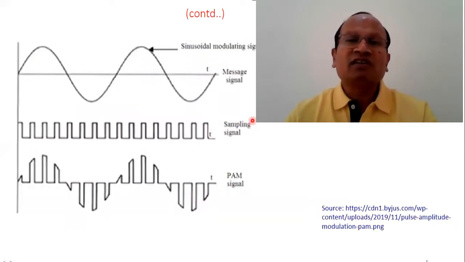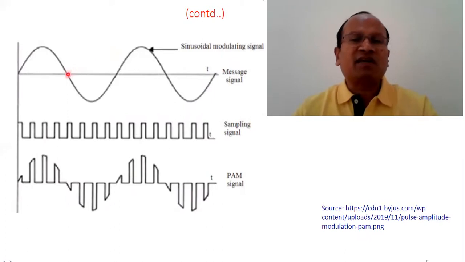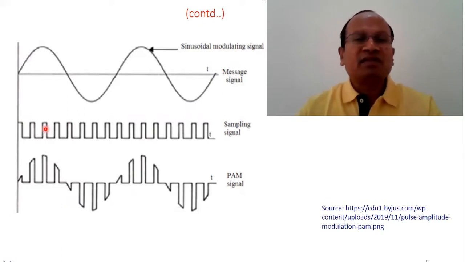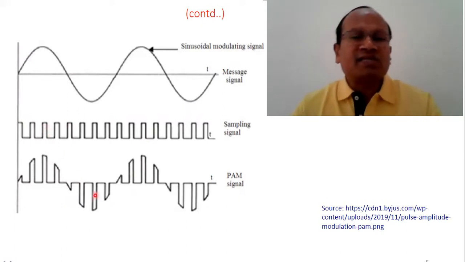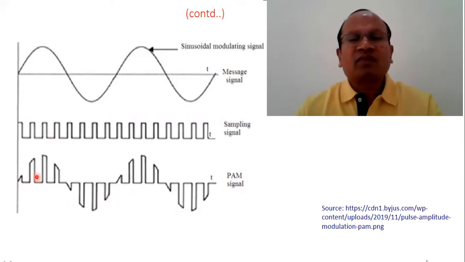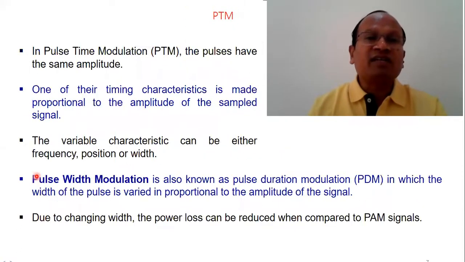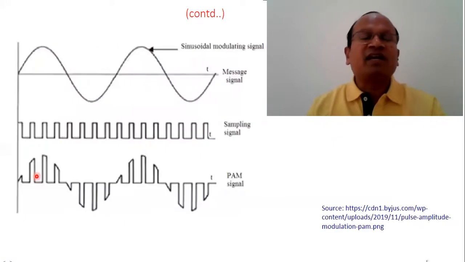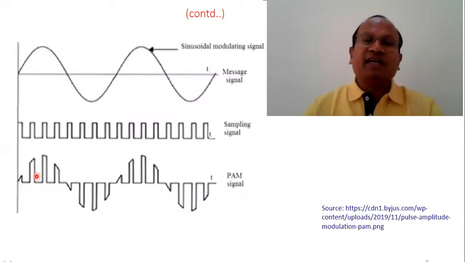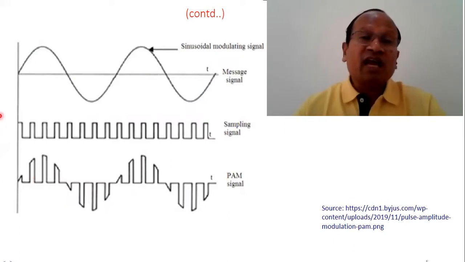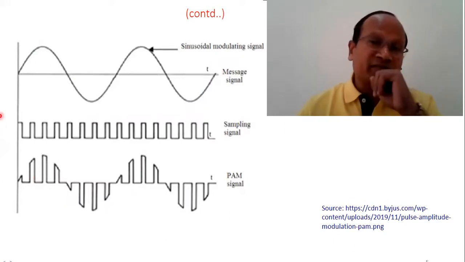You see here, this is the message signal, this is the sampling signal, or we can say the carrier signal, which is in the form of samples, pulses, and this is the PAM signal. When we discuss the PAM signal in detail, we'll find that PAM is also of two types: flat top and natural top sampling.